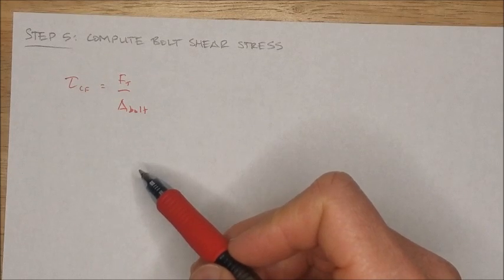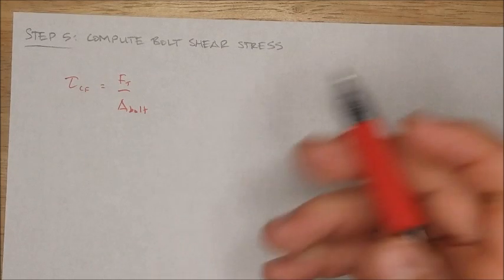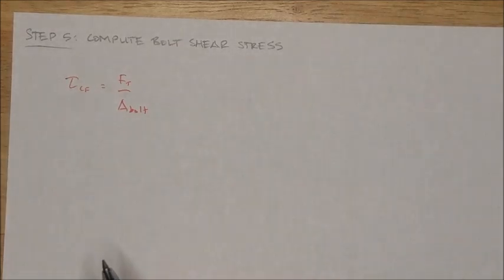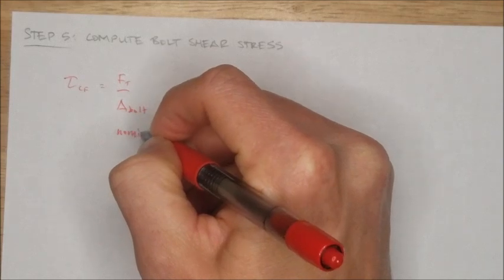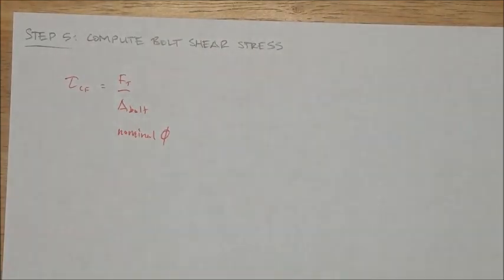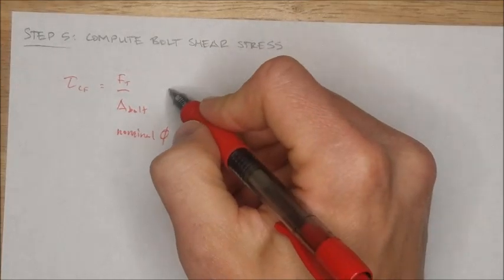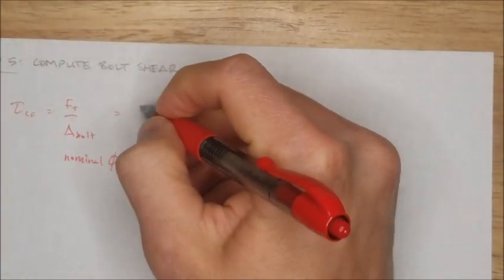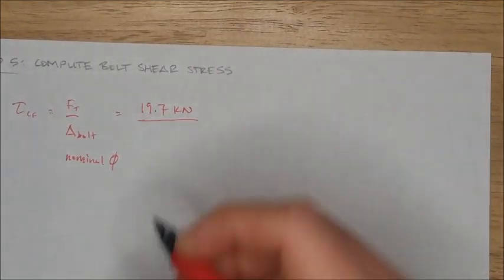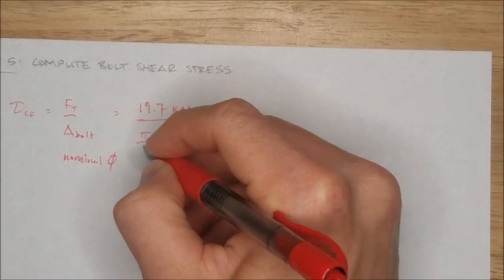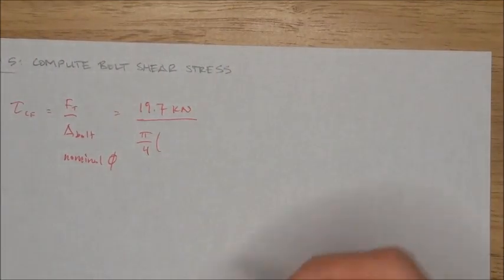We saw from our problem that they're M20 by 10.9 grade bolts. We're going to just go ahead and assume that that's the nominal diameter. All right, so let's go ahead and solve this. This is pretty straightforward. 19.7 kilonewtons is our applied force, or our resultant force, over the bolt area.